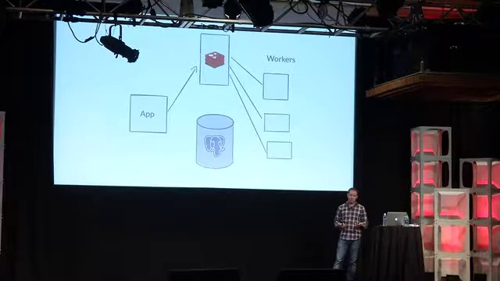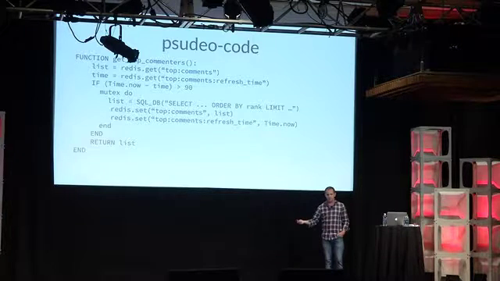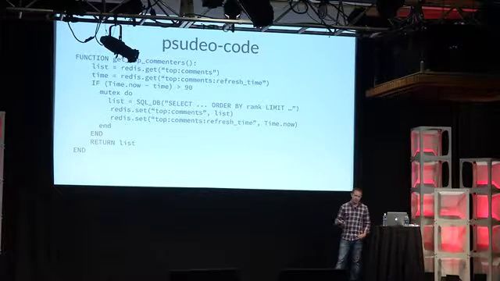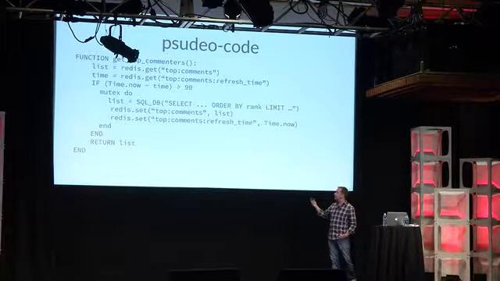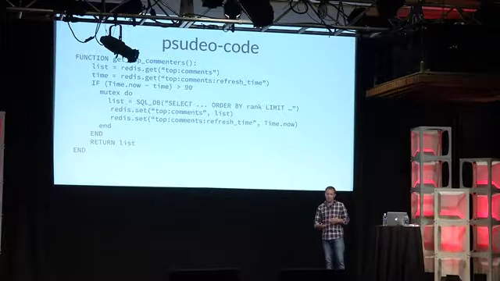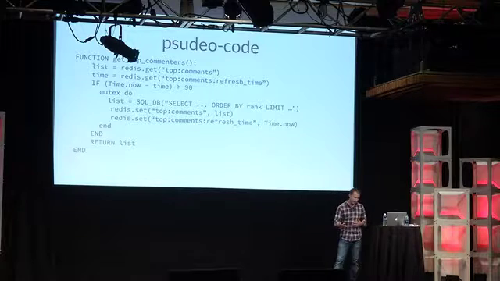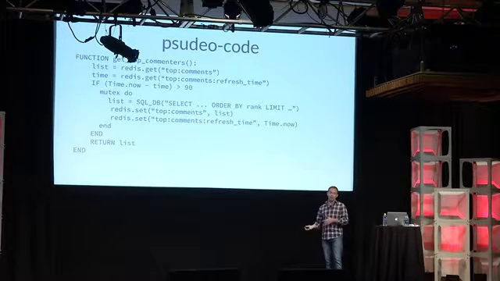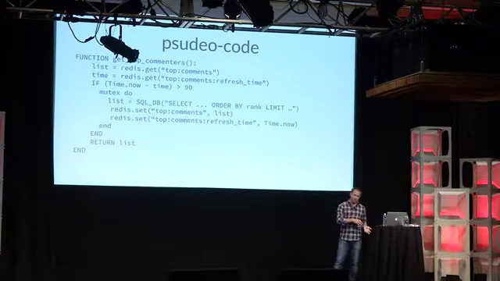So what ends up happening is that I have to create some kind of mutex across all of the processes so that they don't fall over each other. And that's usually what I have in this pseudocode here, where I've got top comments refresh time, and then I say, okay, if the refresh time is longer than it should be, go into this mutex, issue the query again, update Redis in the top comments, and then set the refresh time to the last time it had happened.